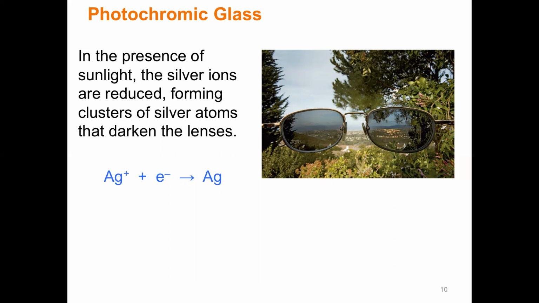And what happens there is that that chloride is going to give off that electron and become chlorine neutral, and the silver ion that's in your glasses when they're clear will accept that electron and become silver solid. Now, it's really important that you know, when you don't have sunlight, that you can reverse that reaction. So it is reversible, and this is why you need the copper.